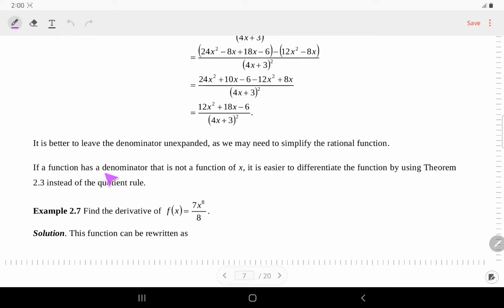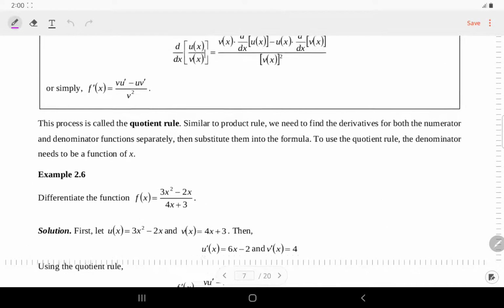If the function has a denominator that is not a function of x, meaning the lower part of the fraction has no variable x, it is easier to differentiate by using theorem 2.3.